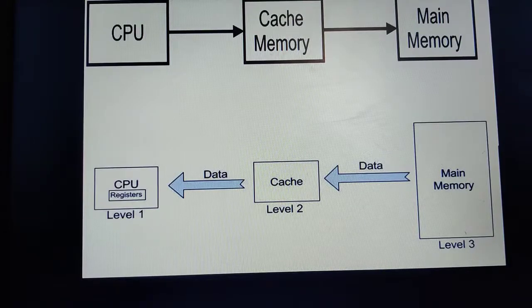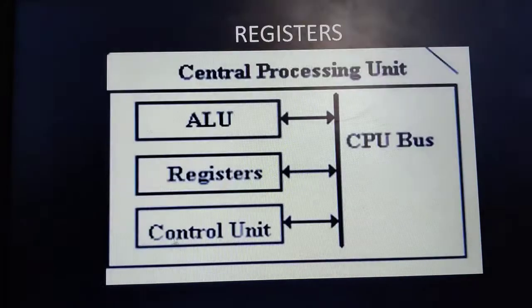Usually these registers work under the direction of the control unit, and they are capable of accepting data, storing the data and transferring the data or instructions that are required by the ALU for the processing purpose. Therefore, the number of registers and the size of the registers in the CPU would definitely affect the power and the speed of the CPU.